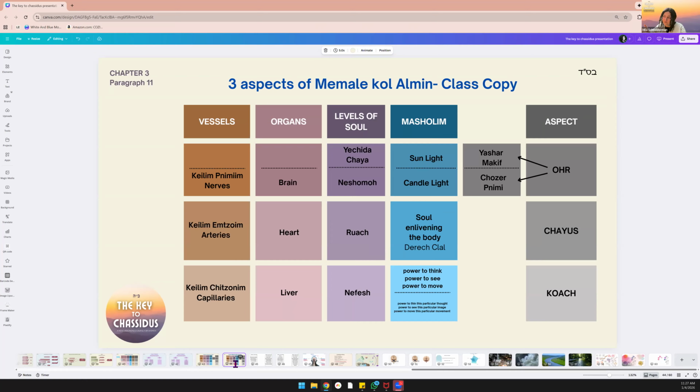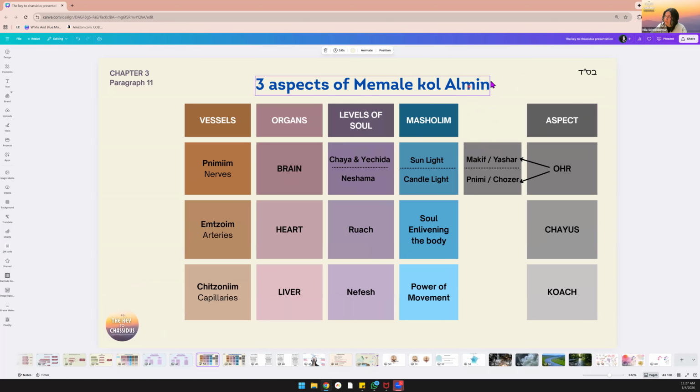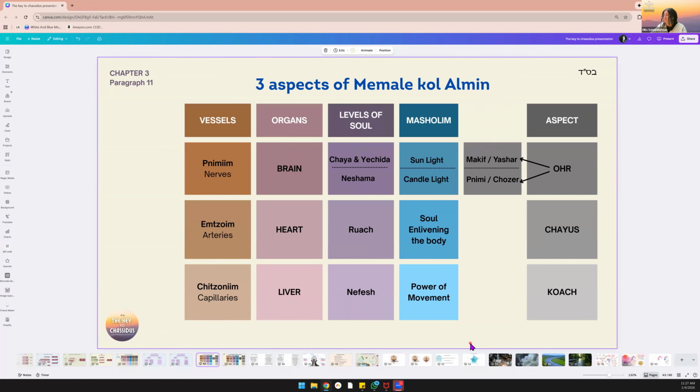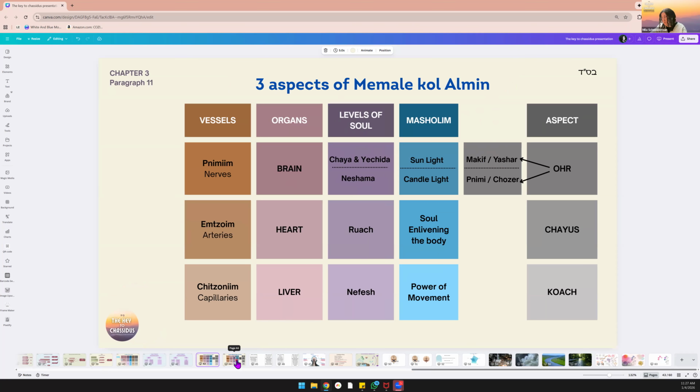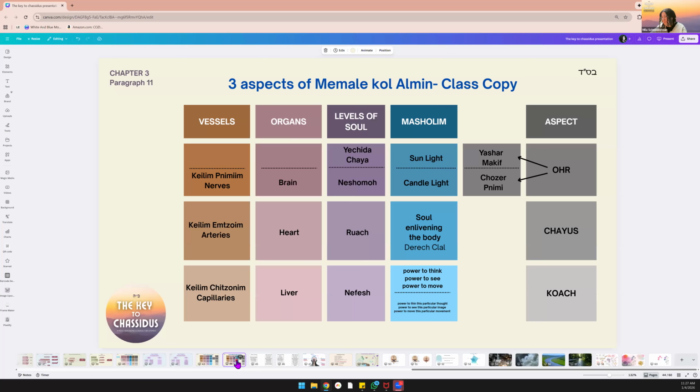You know what, just for the sake of this, you see here, it says class copy. Okay, so we created this one that doesn't say class copy here. And it was pretty good, but you know what? As we were doing it, we added more things. For example, derech klal and derech prat, right? We actually needed to put in here derech prat.